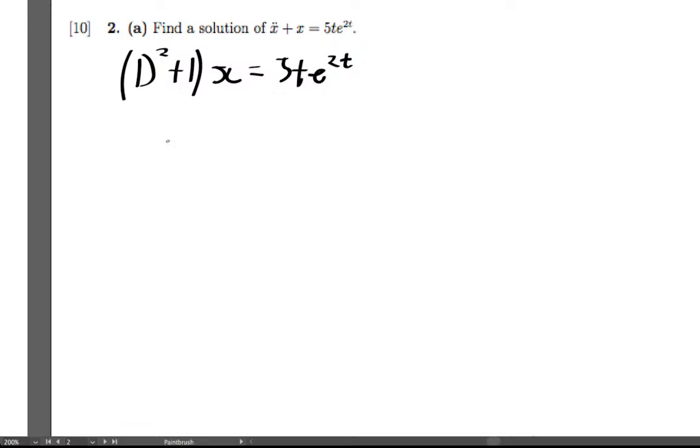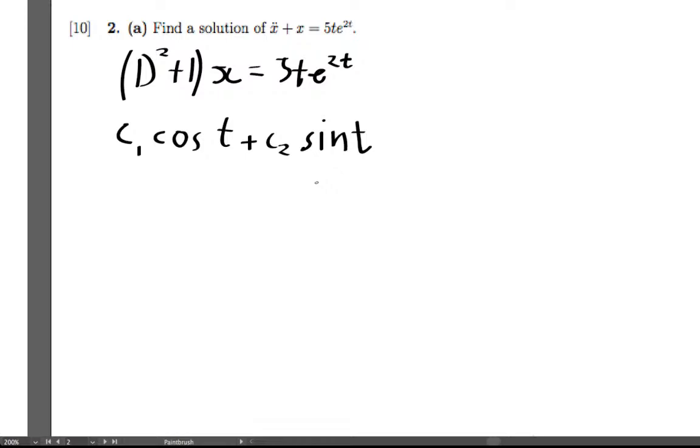Therefore the function would be c1 cosine of t plus c2 sine of t. And you might be asking me, how do you actually get these things? Well, you first try to find where d squared plus 1 equals 0. In this case, d squared is negative 1 or d equals i.